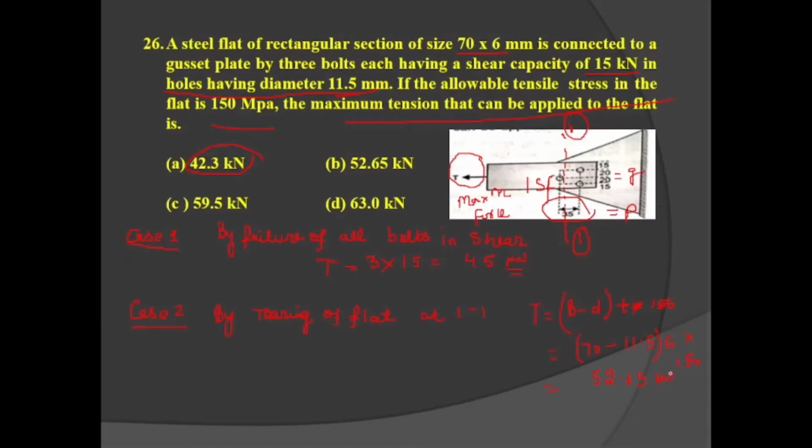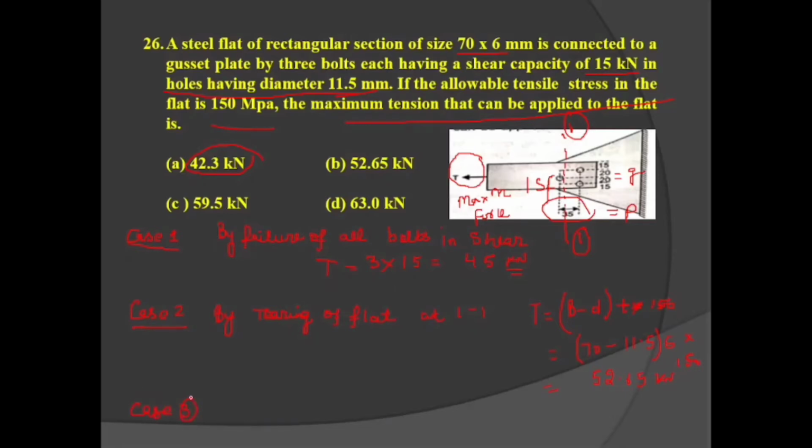Now case number 2. Two values we have, 45 and 52.65. Now there may be chance the section may also fail along any kind of section. Likewise this section may fail. S square by 4g rule may be there. S square by 4g rule may also be applied. So case number 3.